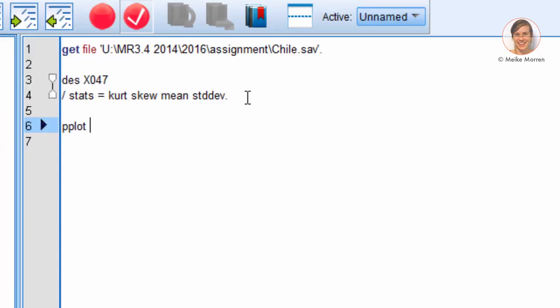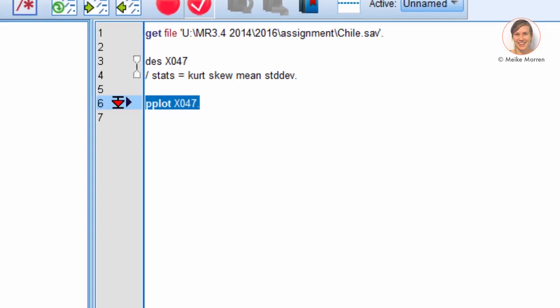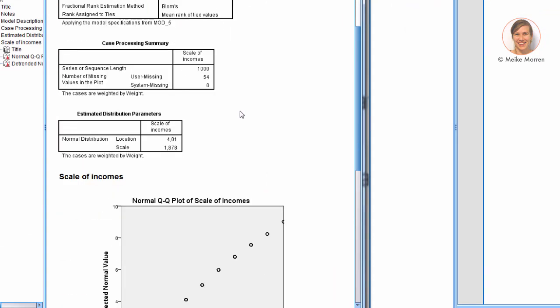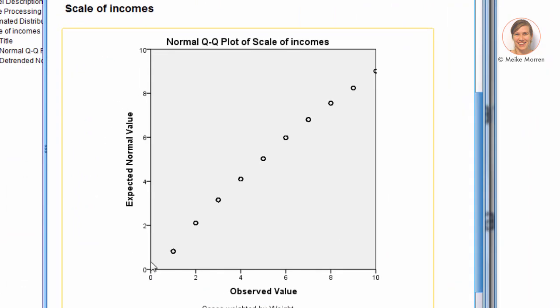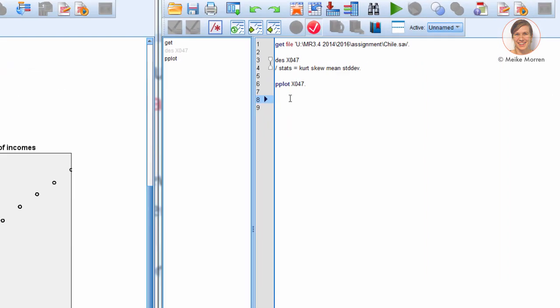You can ask a QQ plot by PP plot. And if it is normally distributed, you will find a linear pattern, which you have actually in this case. It's a little bit tilted towards the end, so it means it's skewed over there. However, we say that the variable is approximately normally distributed.